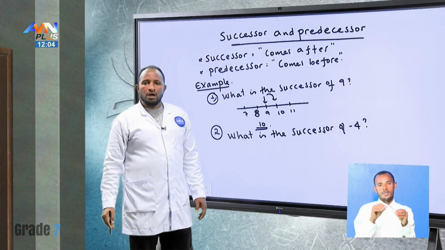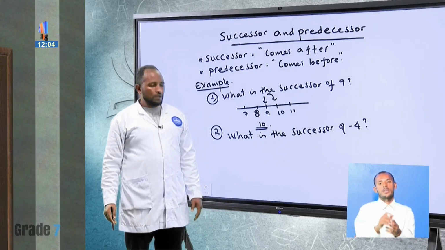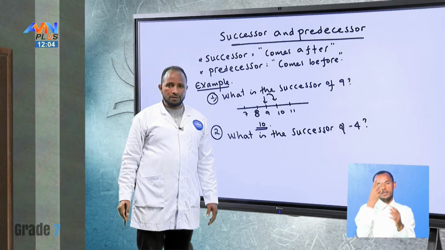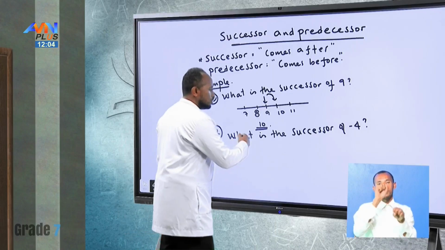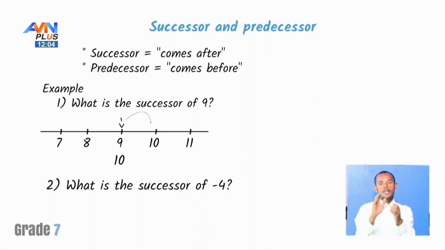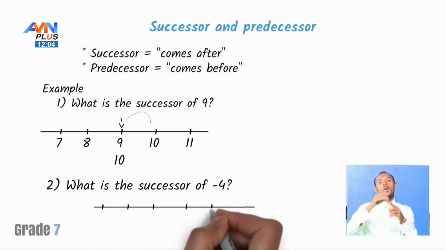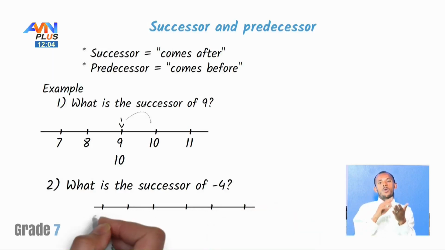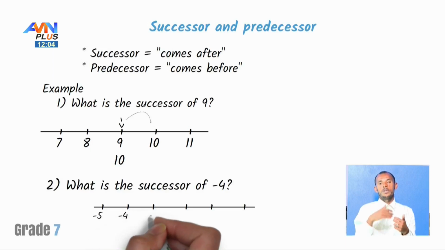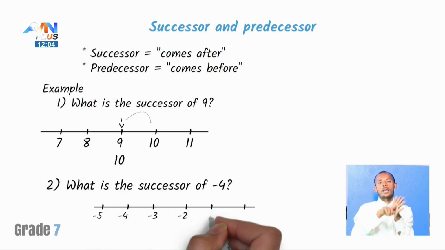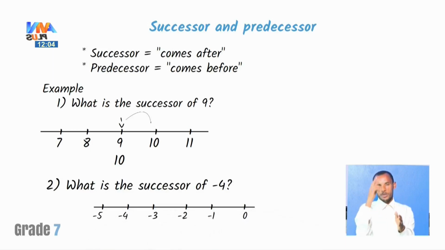Students, have you tried the question? Very nice. Let's see the answer together. So, to find the successor, let's draw a number line and locate the numbers. Here you have 0, -1, since the number is negative, -2, -3, -4, -5, and so on.